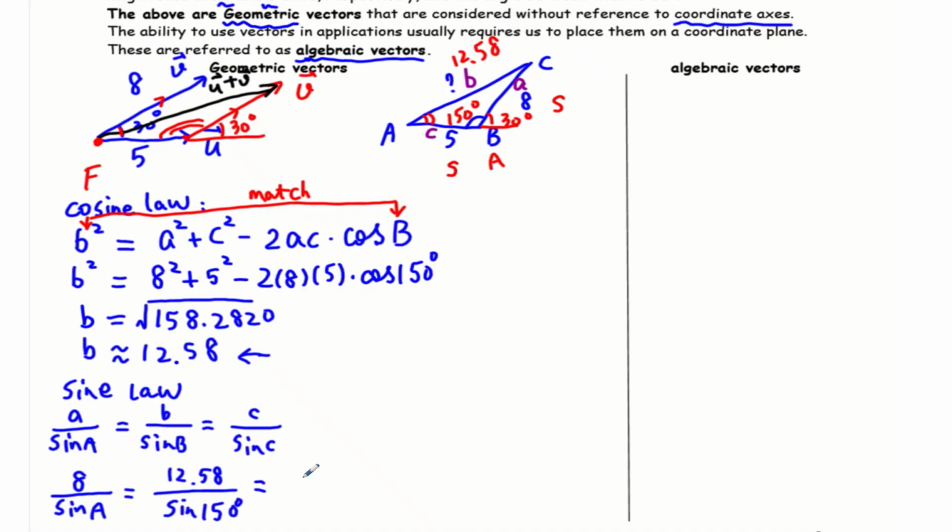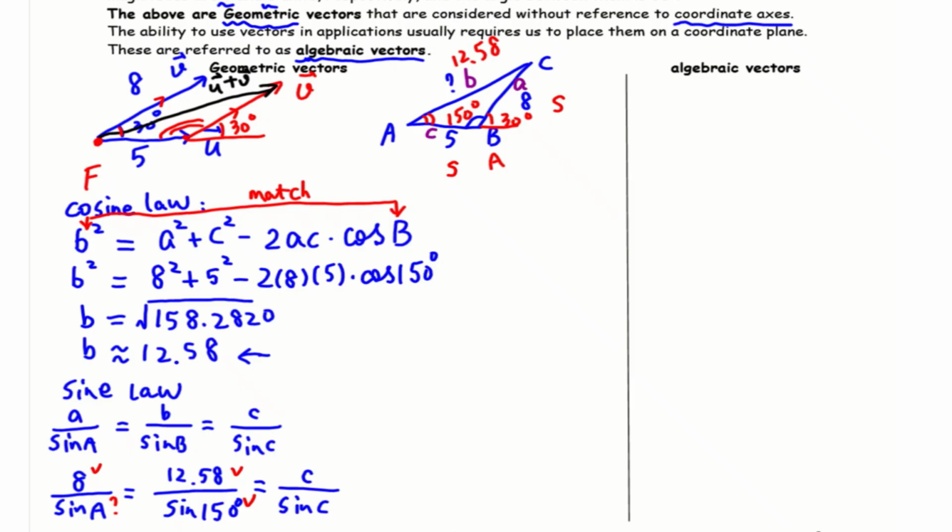That equals c over sine angle C. And this time we want to find angle A. This ratio both given, we want to use this one. And this given, this is unknown. So in these two ratios, we have 3 given, 1 unknown. We want to use these two ratios to set up the equation.